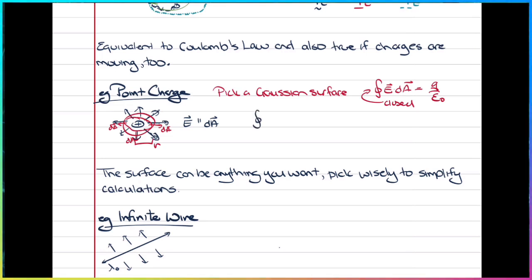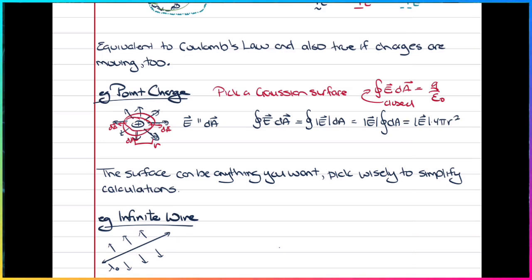And so in this case, the net flux through this surface is the integral of the magnitude of E times dA times the cosine of the angle between them, but we just argued that the angle is 0, and that the magnitude of E is the same everywhere on the sphere, because everywhere on the sphere is the same distance away from the center. So this just becomes E times the full integral over the sphere. So I know then that the flux is E times 4 pi r squared.